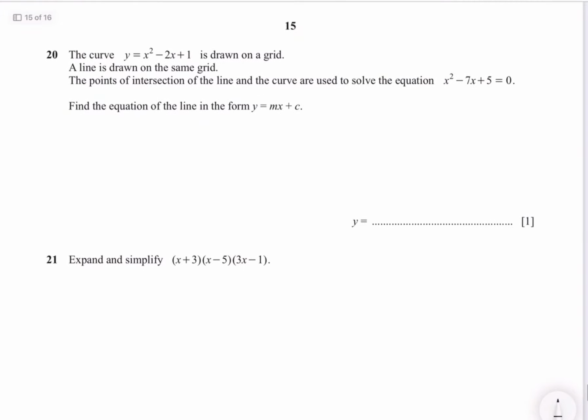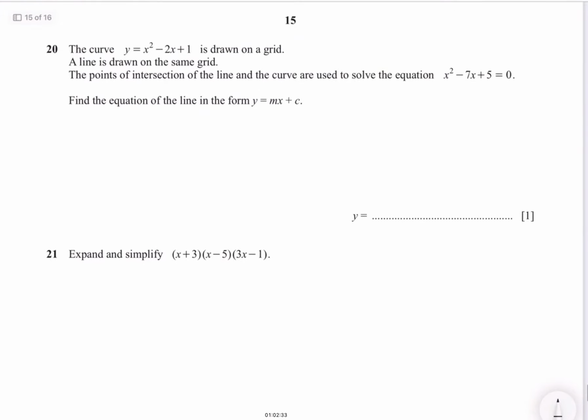In question number 20, the equation of the curve is given, and it says a line is drawn on the same grid. Points of intersection of the line and the curve are used to solve the equation x squared minus 7x plus 5 equals 0. Find the equation of the line in the form y is equal to mx plus c.